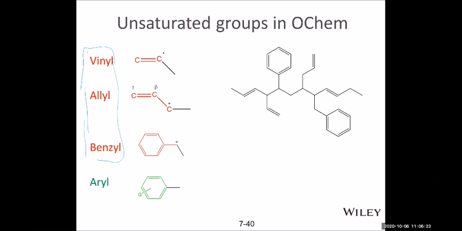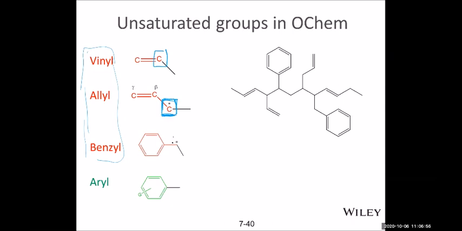Vinyl is a carbon that has a double bond with another carbon. This is a vinyl group. The allyl group: if the carbon we are interested in is bound directly to a double bond, this is an allyl group. So it's all about which atom you are focusing on and how this atom bonds with other carbons.